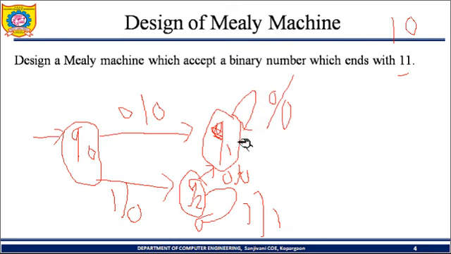Now if it having input as a 1, previously it having 0, so suppose 1 is there, there is a possibility that after 1 again one more 1 may be there, so that's why for one input alphabet it will be in Q2, but as it is 0 1, so on one input will be again 0 output. So this is nothing but the Mealy machine for the given transition diagram, for the given problem statement.